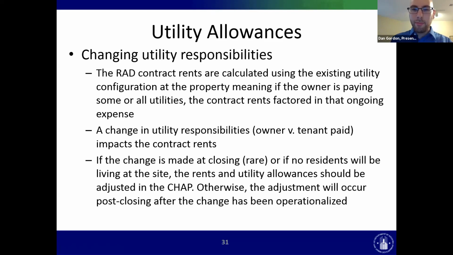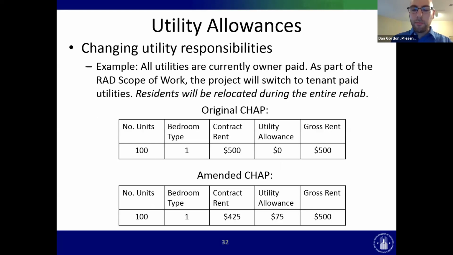All right, so we've got an example up here on the next slide of what this looks like. And again, the key part here is that residents will be relocated during the entire rehab, so there are no residents living on site. You are going to go from owner paid to tenant paid utilities. So your original CHAP when you applied showed $500 contract rent, no utility allowance, owner paying all utilities.